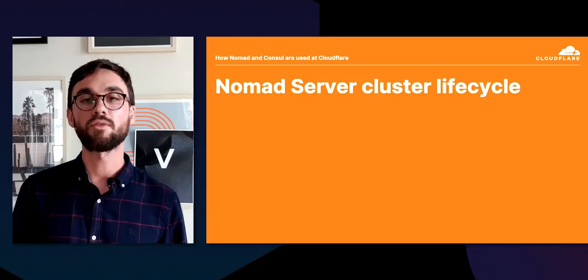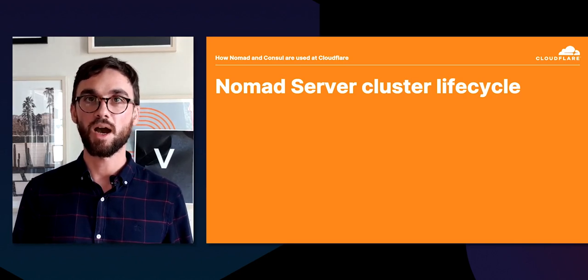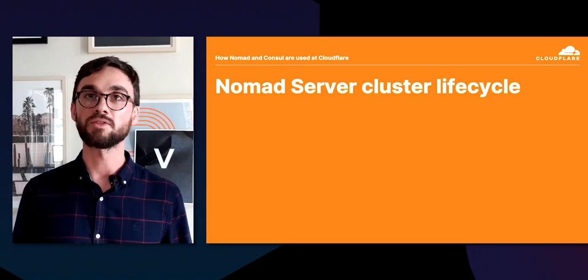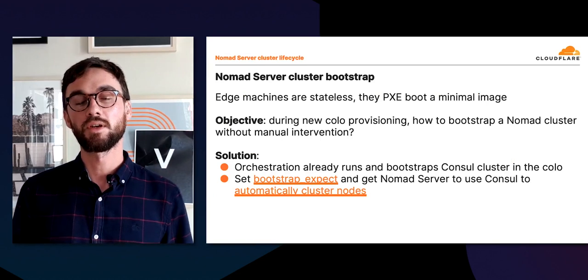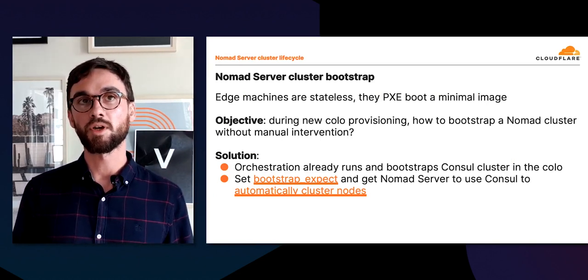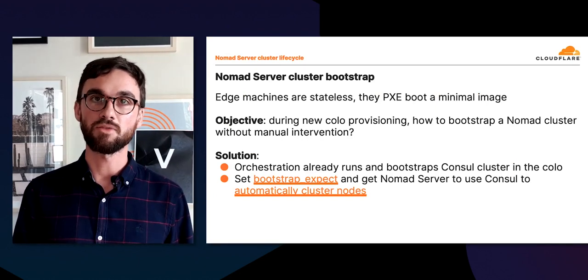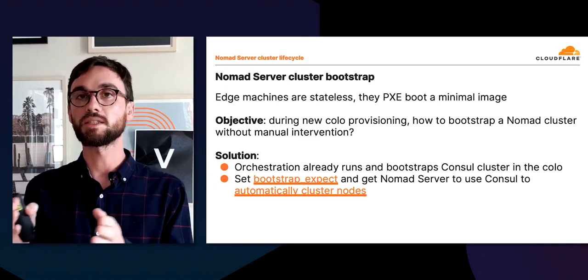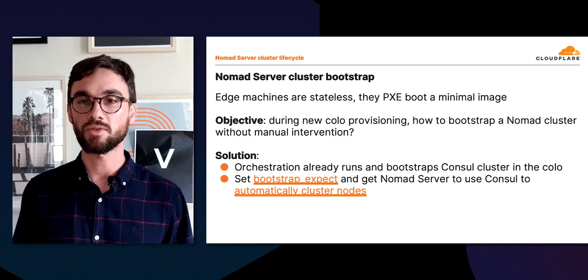So now I'm going to cover how we manage the life cycle of the Nomad server cluster, how we bootstrap and deploy it, and also how we manage upgrades for it. First, one of the requirements when deploying a new service is that we don't want to have to make any manual task or intervention when we deploy new data centers or when we expand existing data centers.